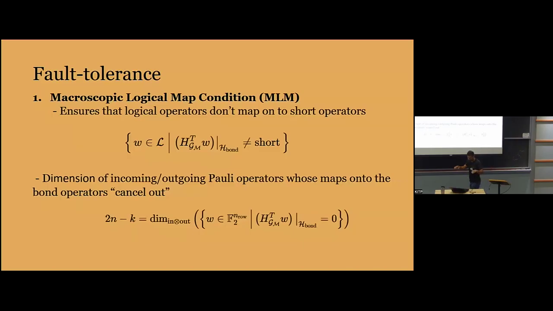So there's a subset of operators which map onto identity. We are saying the dimension of those operators should be 2n minus k, because we have some number of stabilizers from this side, some stabilizers from this side, and k logical qubits. These are the incoming and the outgoing codes. This is a sanity check which we might want to do after imposing this condition.